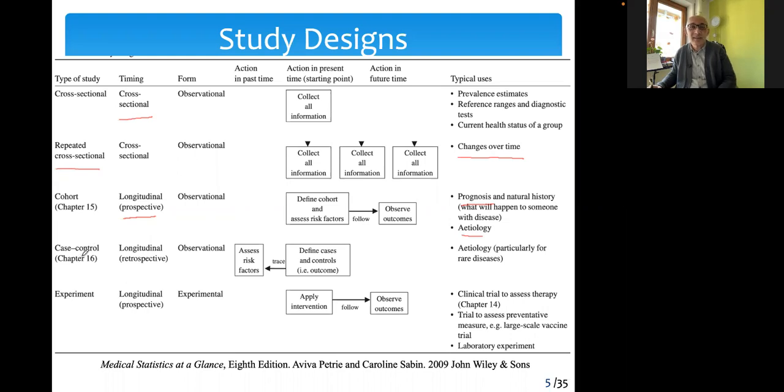A design that is easier to apply is the case control study design, which, in contrast to cohort, is retrospective, backwards in time.